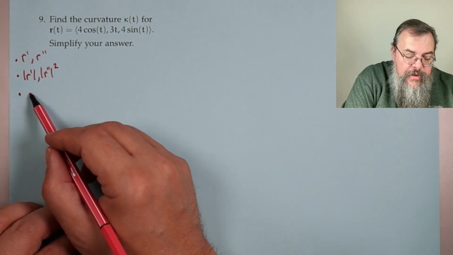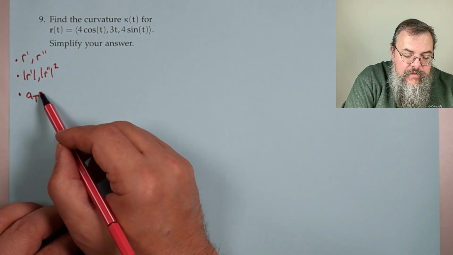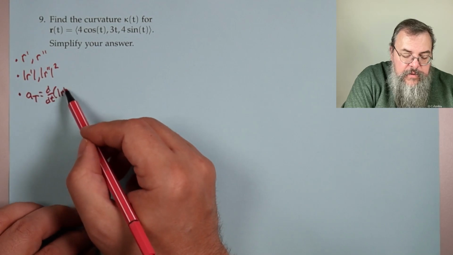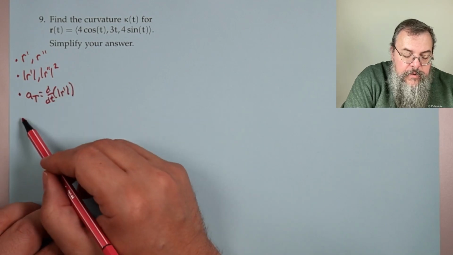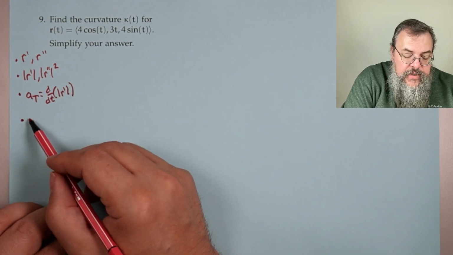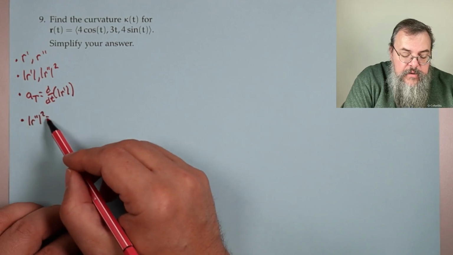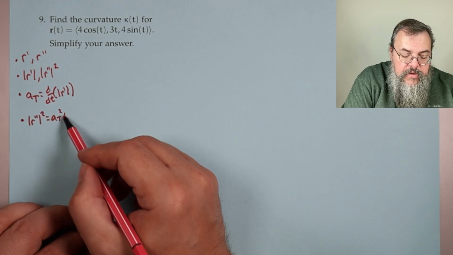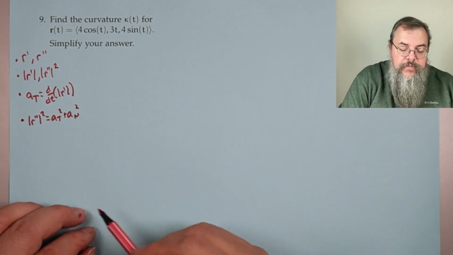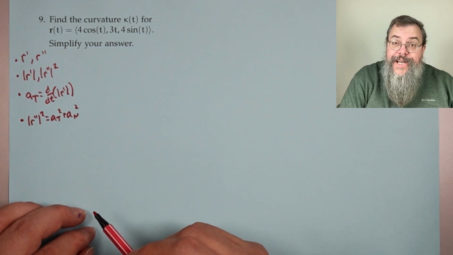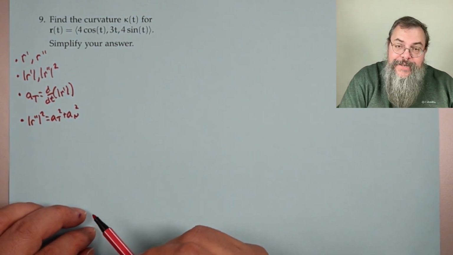So with this, you then find your a sub t. That's the derivative of the magnitude of r prime. And with your a sub t, you can find your a sub n. That's your magnitude of r double prime squared, which is a sub t squared plus a sub n squared. And you're like, okay, I see a suspicious lack of kappas in our plan here.